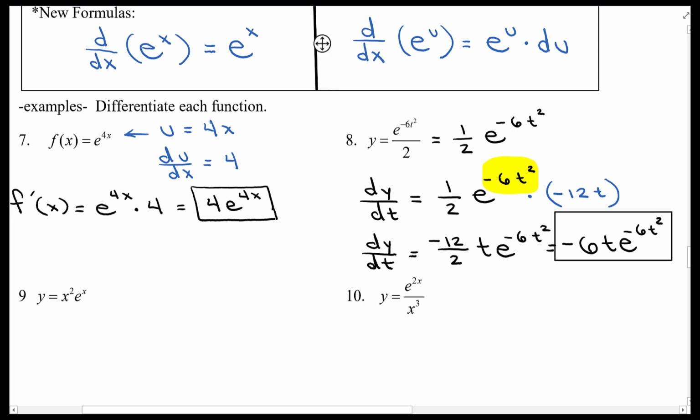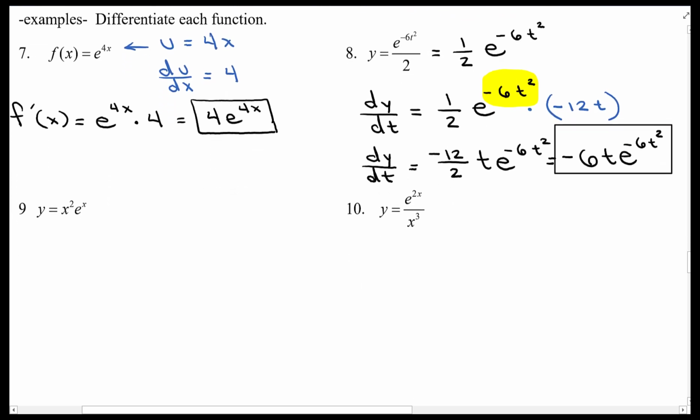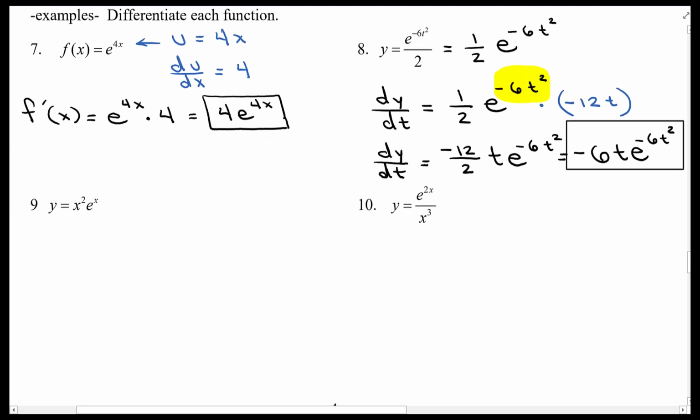Number 9 says y equals x squared times e raised to the x power. So for this particular problem, we're going to need to use the product rule because we do have a product here between x squared and e raised to the x. If you recall, the product rule states u dv plus v du.